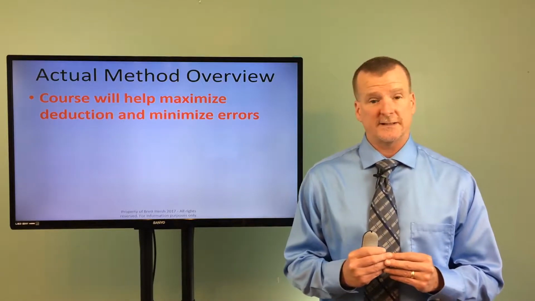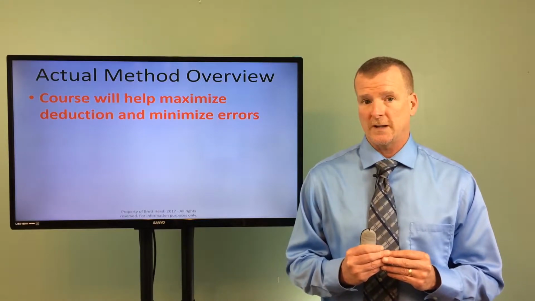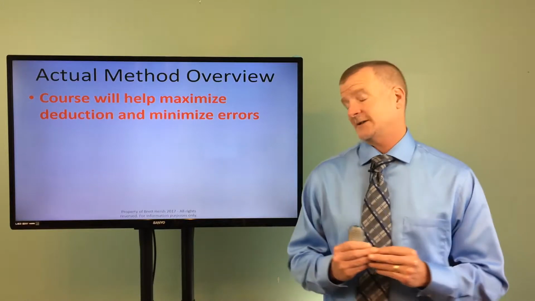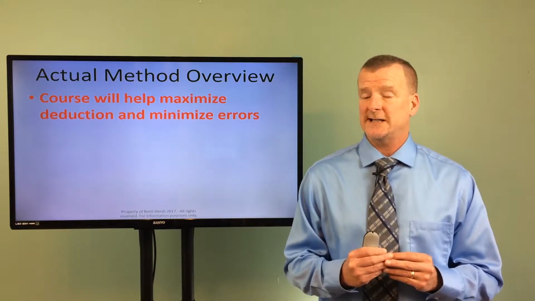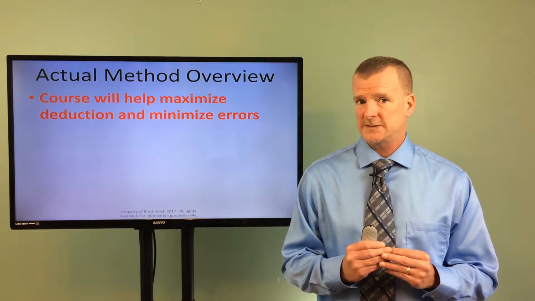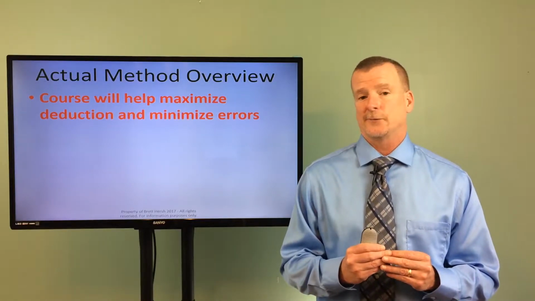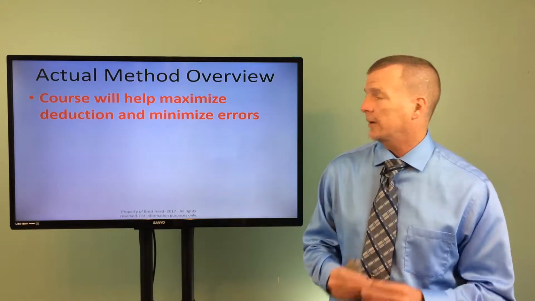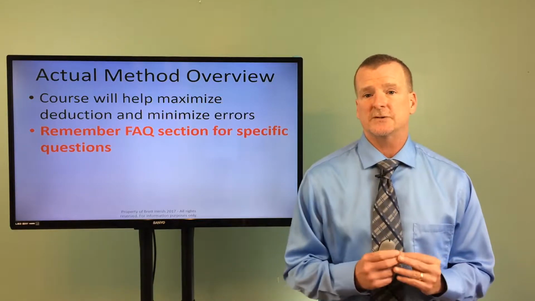In many cases, they're taking deductions they can't. They're filling things out on the wrong lines. They're entering it incorrectly into their software. And other times, they're not deducting what they can deduct. So you see it both ways. You see them getting outrageous deductions that they're really not entitled to. If the IRS were to look at it, they'd be in pretty big trouble. So we want to minimize errors and help you maximize your deduction.